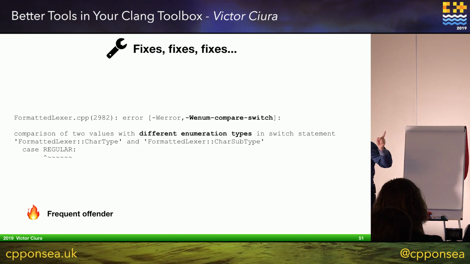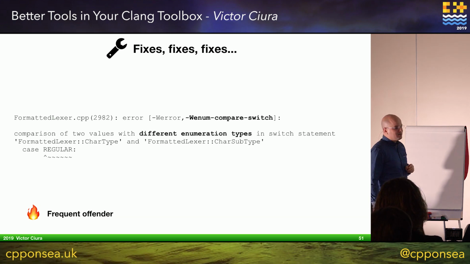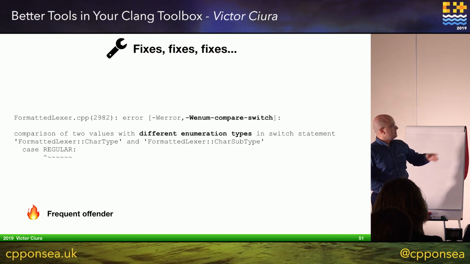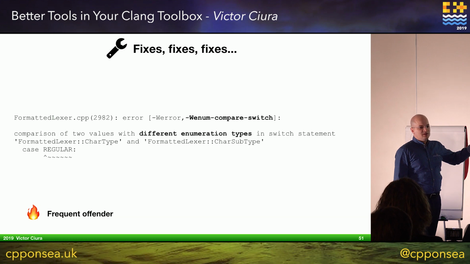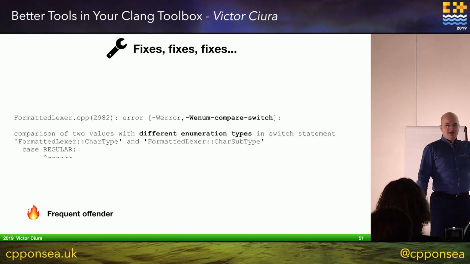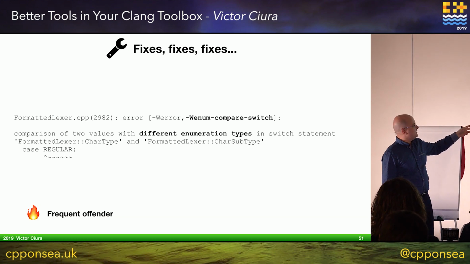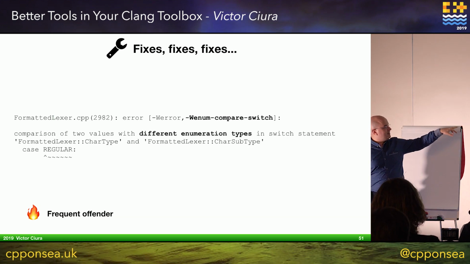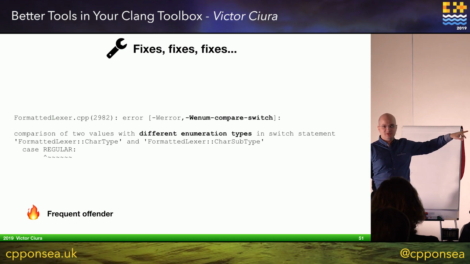One that was pretty funny, it surprised us, because we found quite a few instances of this, and some of them were harmless because they accidentally matched in numerical value. For example, being an older code base, we didn't use enum class, we used traditional enums, and you can easily mix up enum values that had the same spelling but were actually different from different enums.